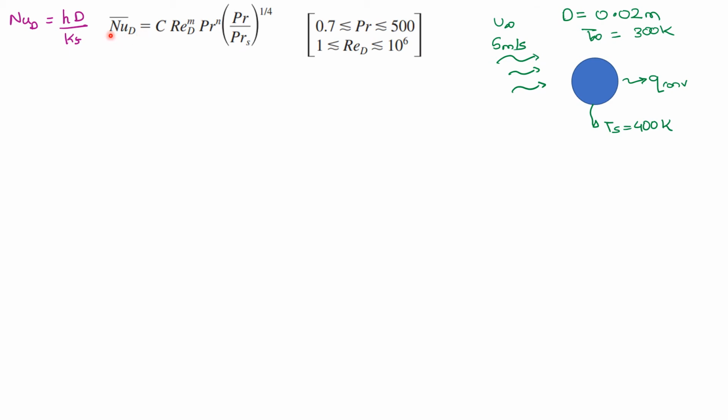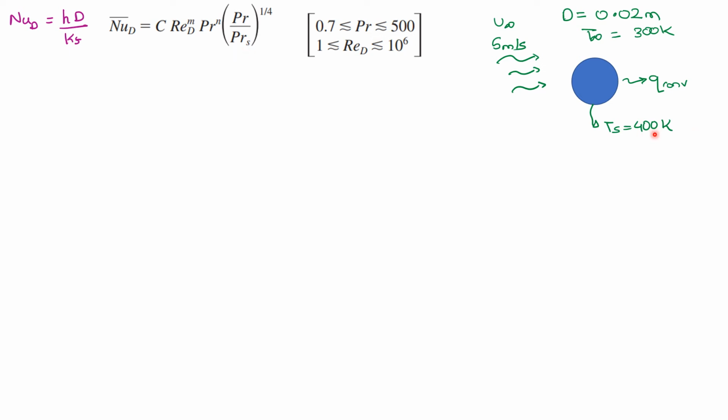Your average Nusselt number for the entire diameter will be some coefficient C times the Reynolds number to the power m, Prandtl number which we've calculated at the film temperature to the power n, and there's an additional term which is the Prandtl number divided by Prandtl number at S.